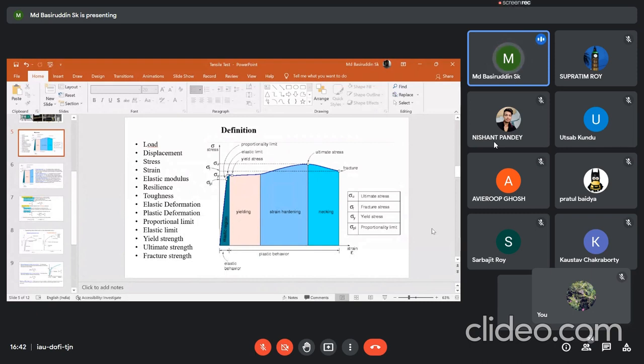Like if you want to design a concrete structure, then the elastic region is the main important part. Why? Because concretes are highly brittle, and if you do the tensile test, then you will find that the materials will fail even in the elastic region. That means the material will not go into permanent deformation or the plastic region.